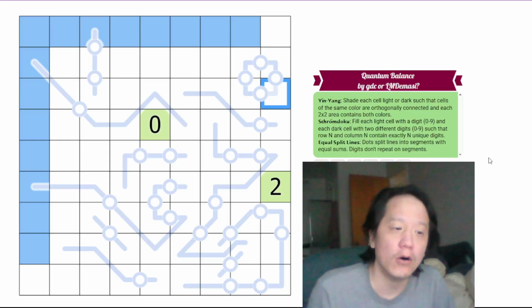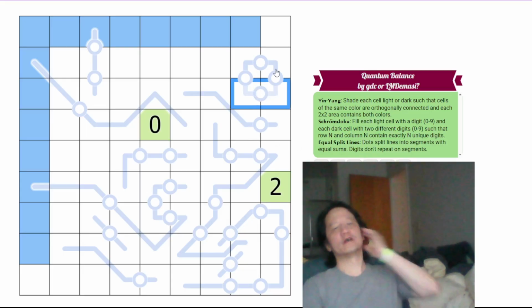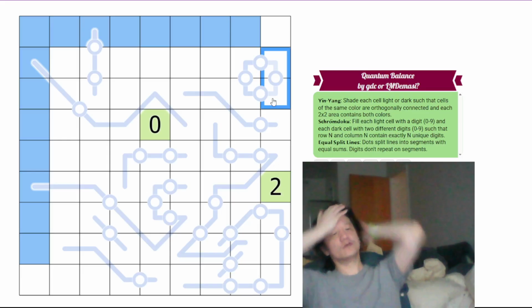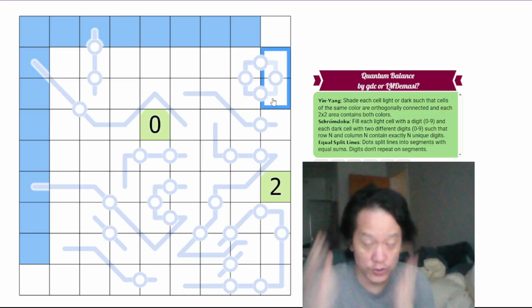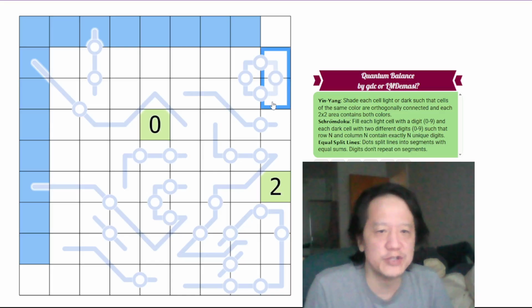Oh, interesting. Right, never mind. So okay, we could have 2 blues here. This could be 2 blues. In fact, okay.